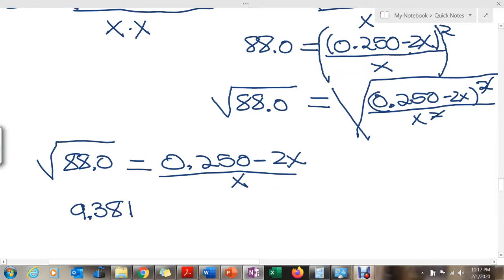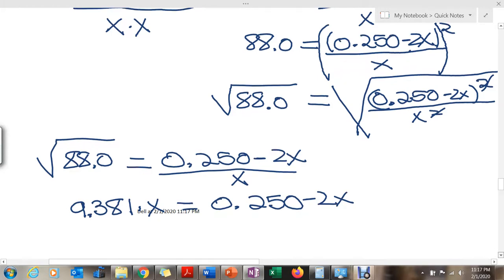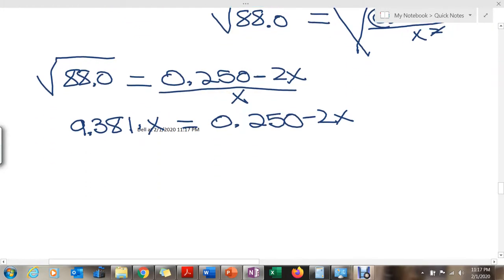And now you know the x here is on the bottom, so we multiply by x both sides. And it's going to give me 0.250 minus 2x equals 9.381x.